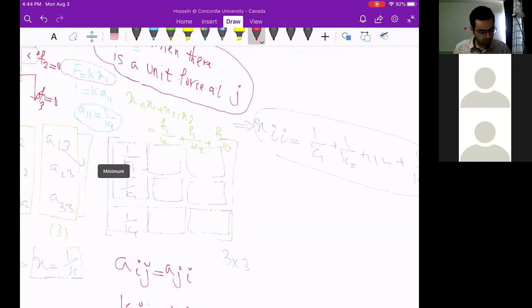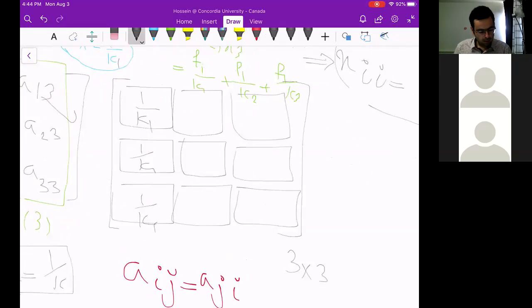So for the second column, this is A12, which is equal to this one, A21. You are not supposed to calculate A12, just simply insert A21.